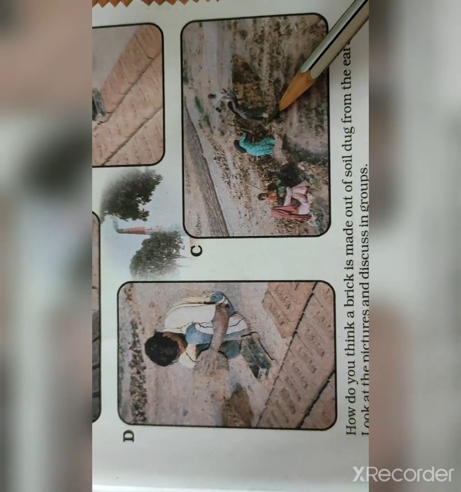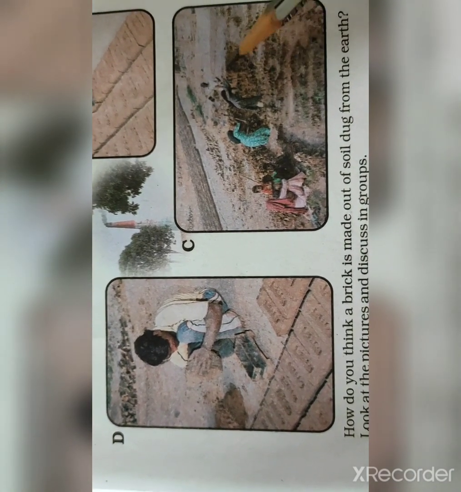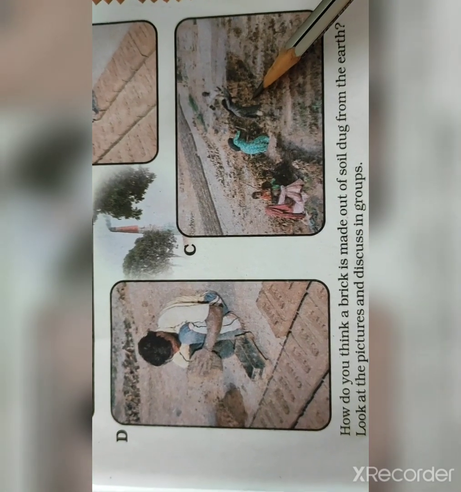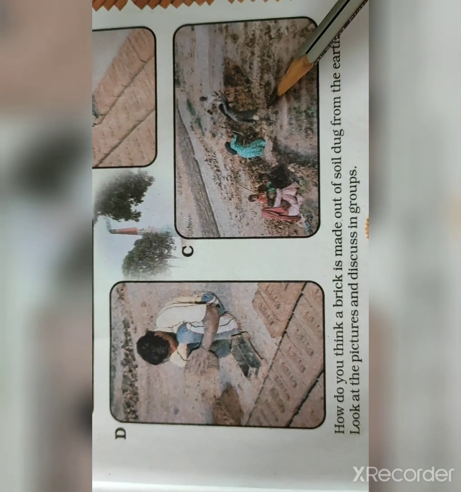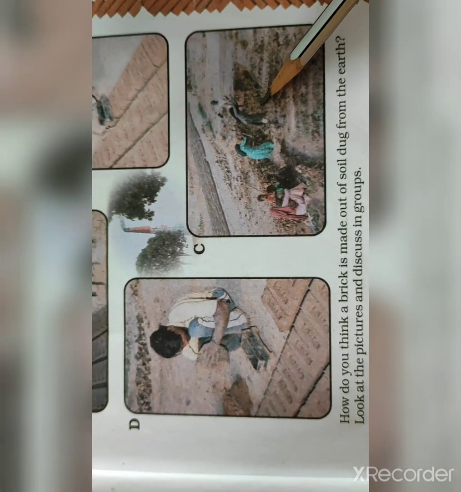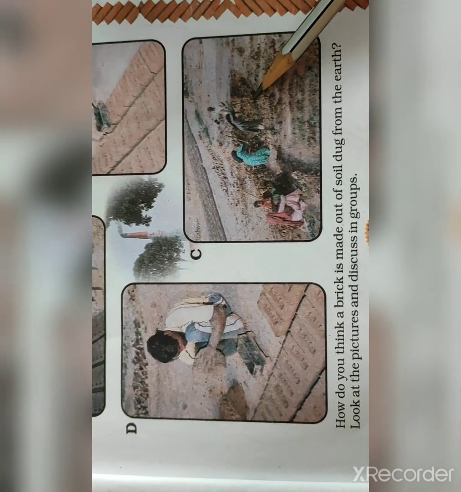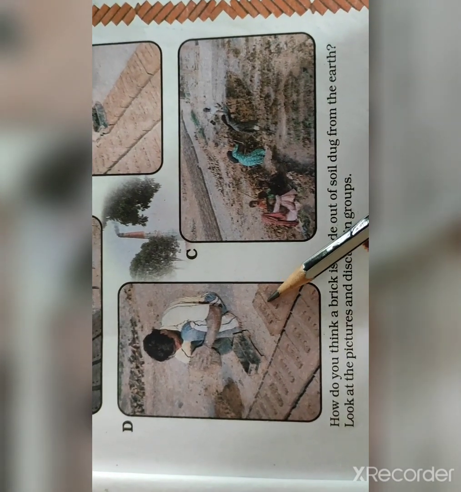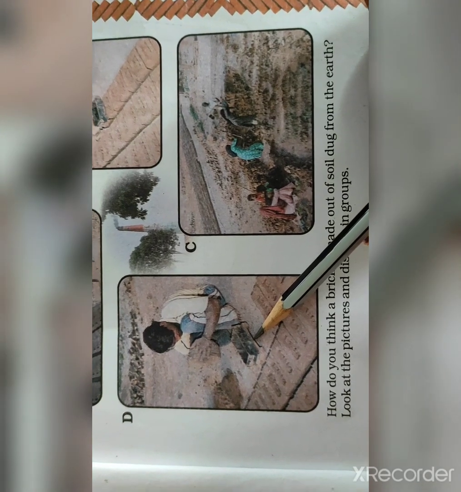And here, from digging, they are taking out clay. Okay, so the first picture should be this, because first we collect the clay, then we make the shape of the brick with the help of this mold.